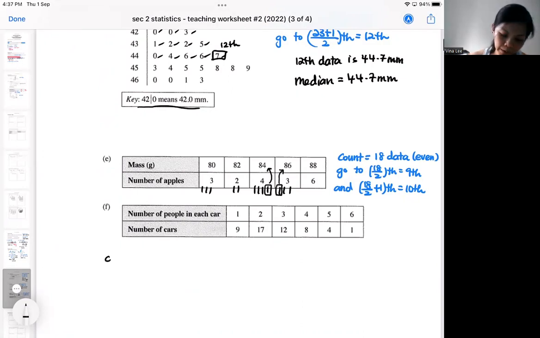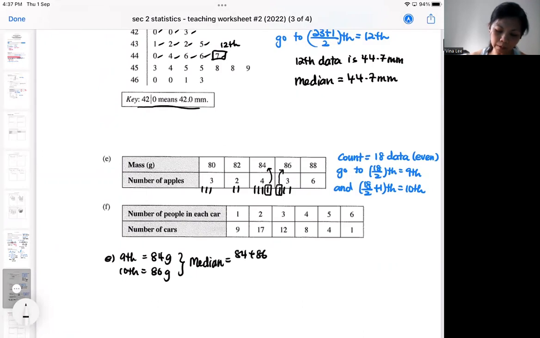So for part E, the 9th data is 84 gram and the 10th data is 86 gram. So from here, the median will be 84 plus 86 divided by 2. So 85 gram. So maybe if you need to, you got to draw out. Then you can count properly.